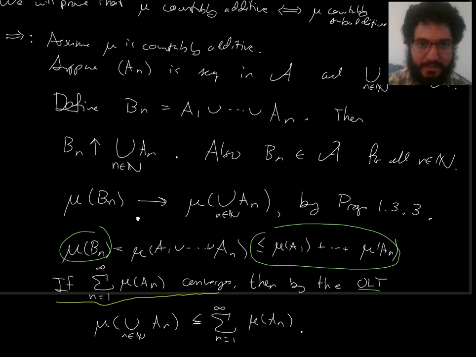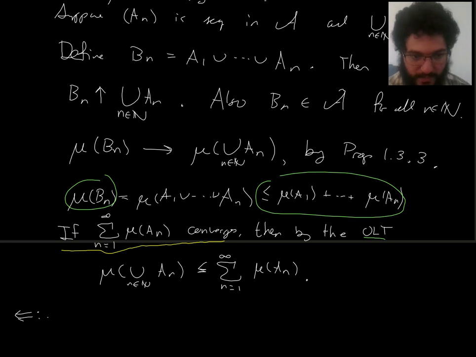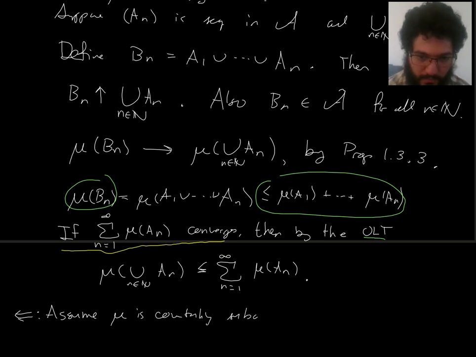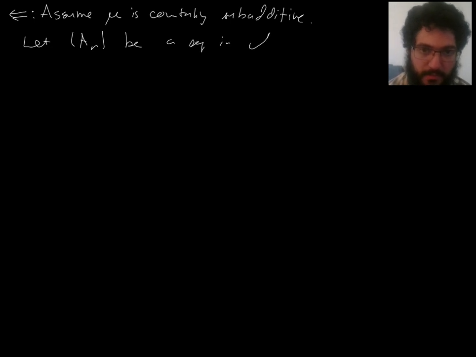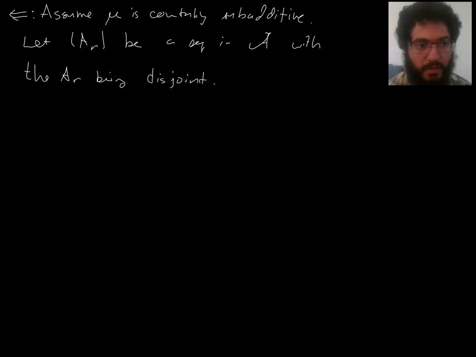Okay, so assume countably subadditive, and now we're going to prove countably additive. For proving countably additive, I should let A_n be a sequence in there with the A_n being pairwise disjoint, and fancy A here is not necessarily a sigma algebra, right?